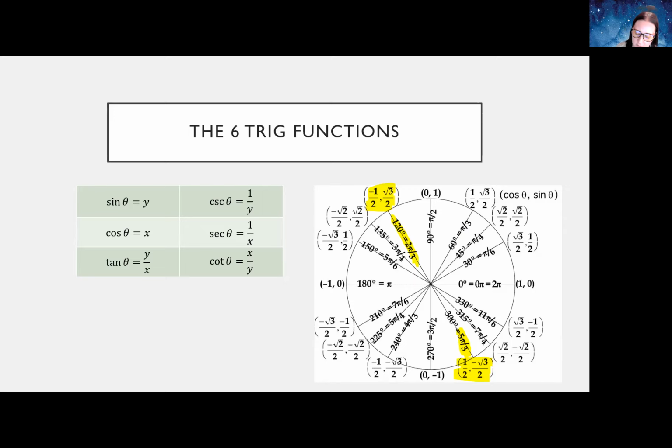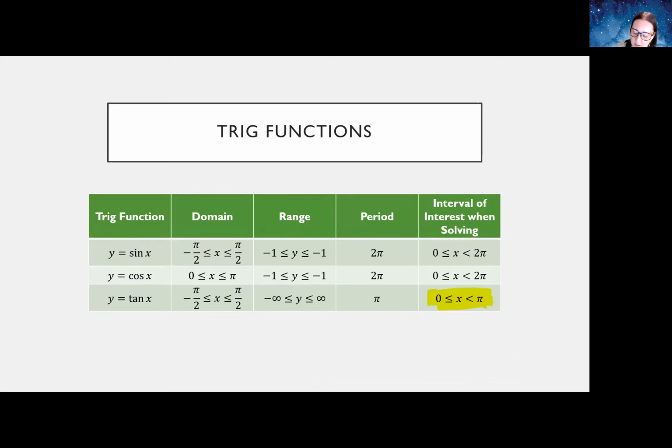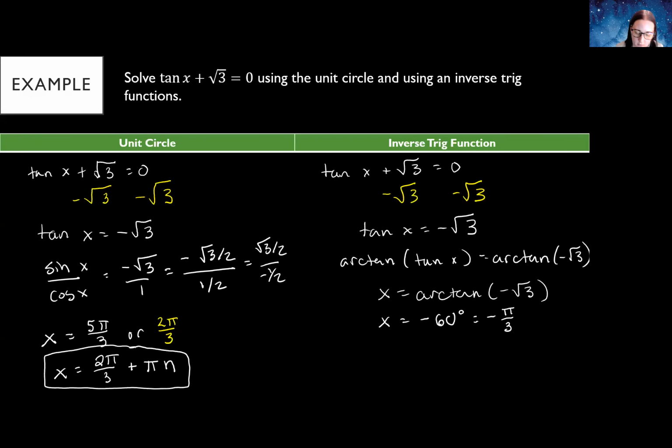The 5 pi over 3, or the negative pi over 3, is not in our interval of interest, 0 to pi, for tangent. But the period is pi, so if I add pi to negative pi over 3, that will get me 2 pi over 3, and that is the answer that we're interested in.